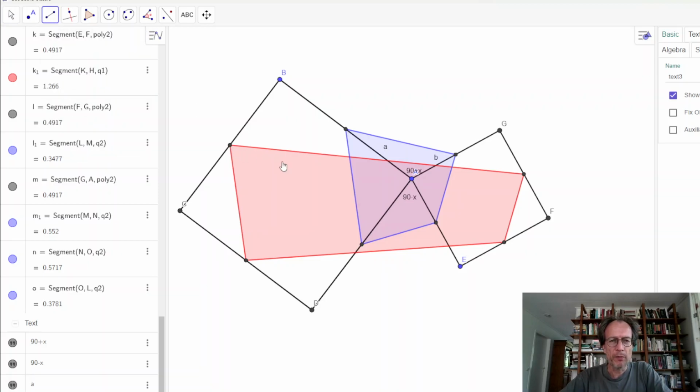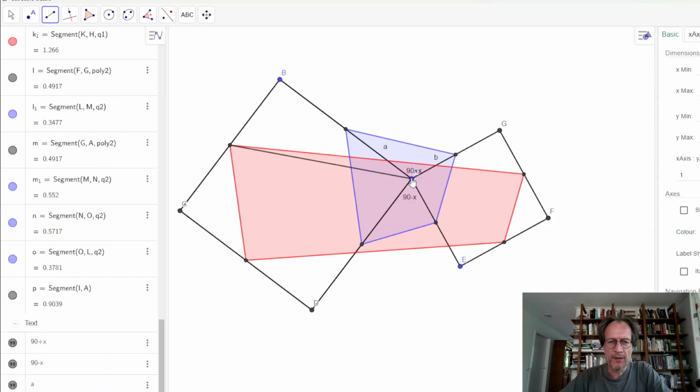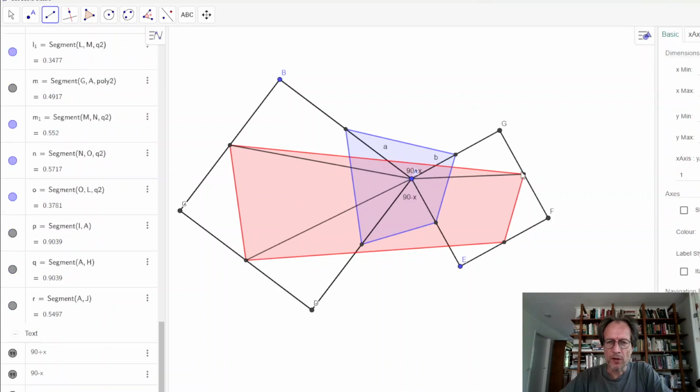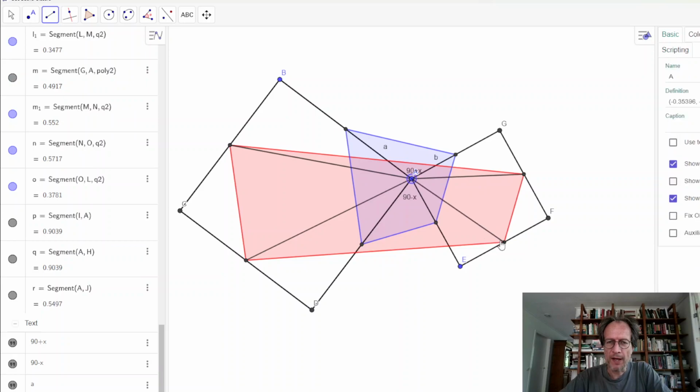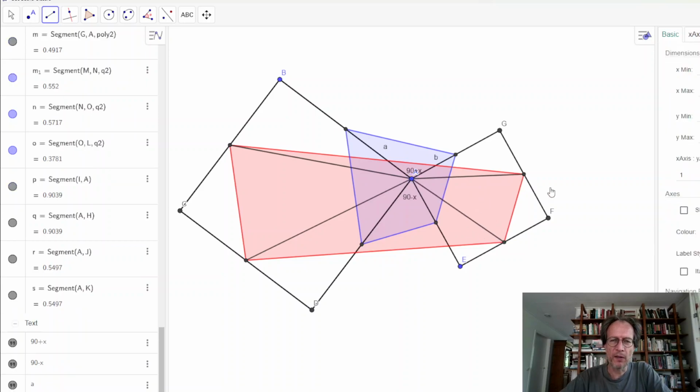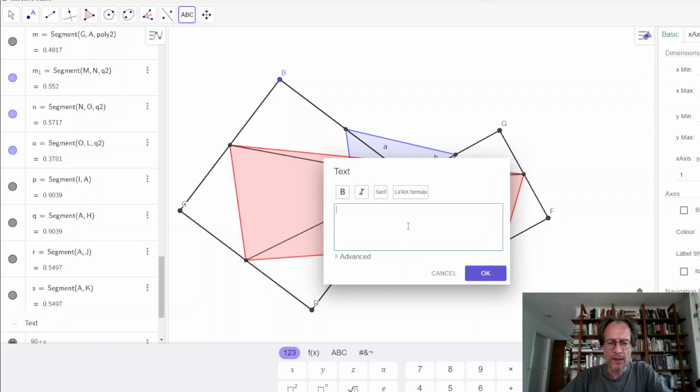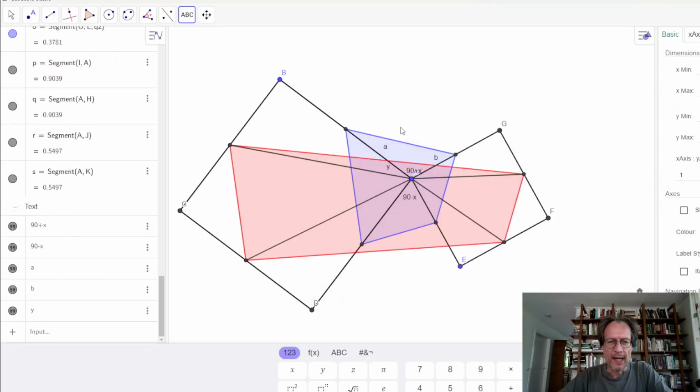For the red, I draw these segments so that the red is also divided in 4 triangles which have the apex at the point A, and I name this angle over here y.